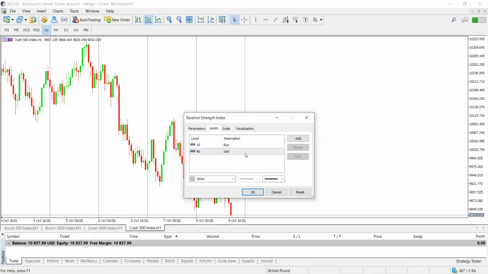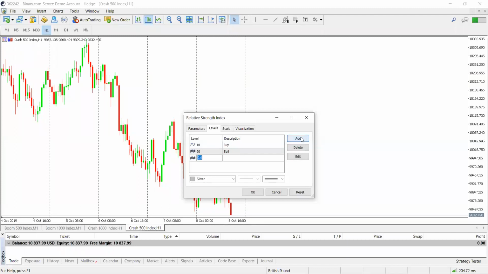Let's quickly go to the levels. The levels are 10 and 90. We are talking about crash here. So when the price is at 90, we sell, and when the price is at 10, we buy. So many people get troubled by additional levels.